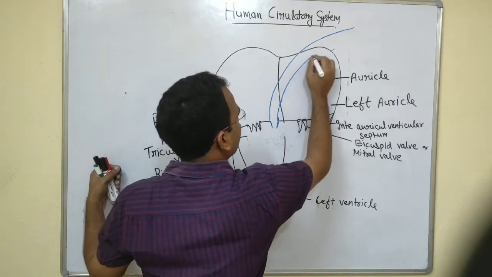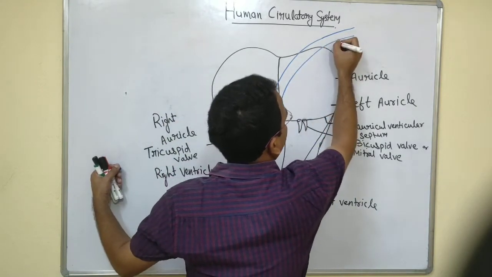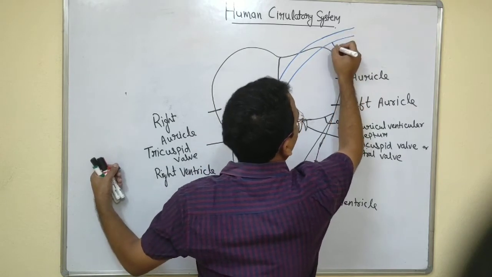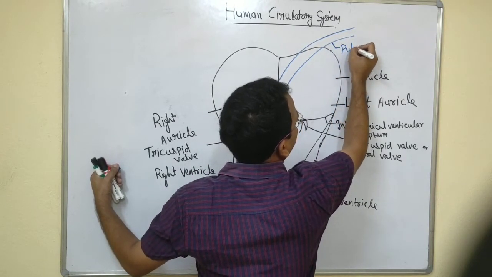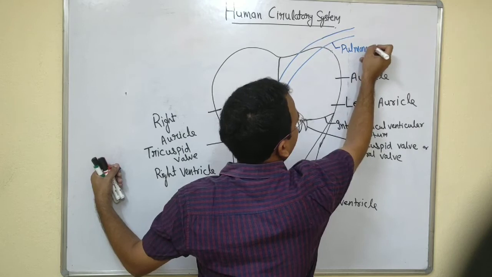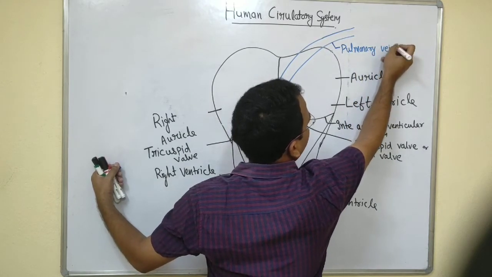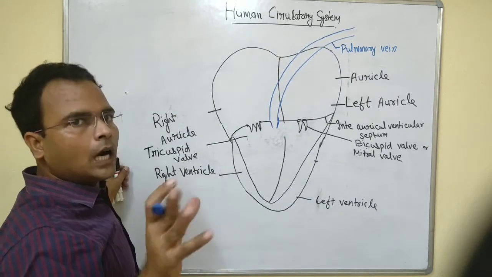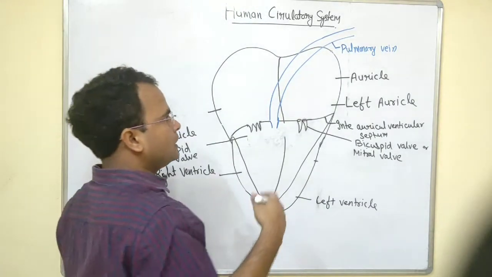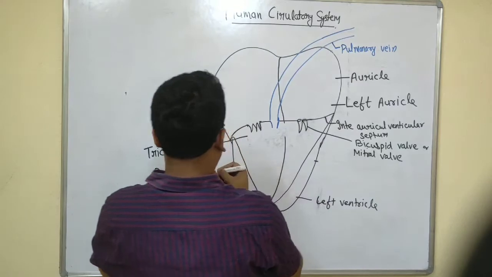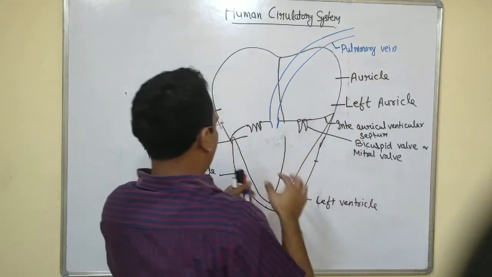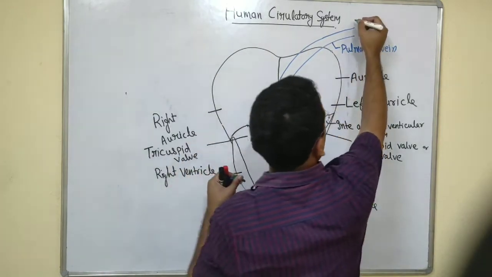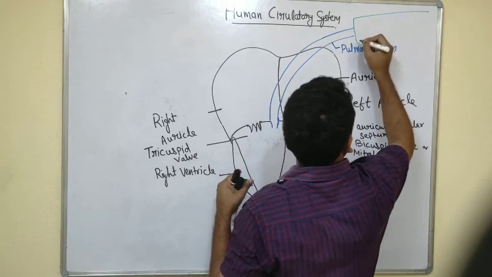I'll come to why these names are there. First we will learn how to draw the structure of the heart. This pulmonary artery will go to a structure you all know, that is the lungs, right?